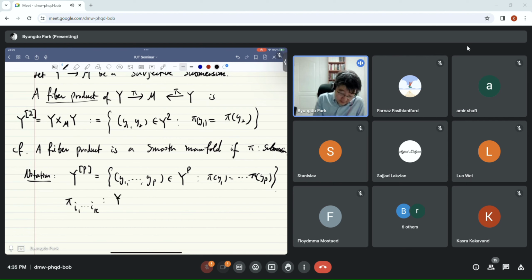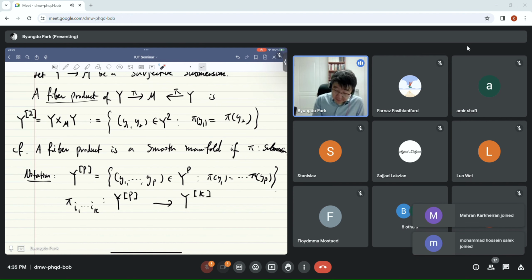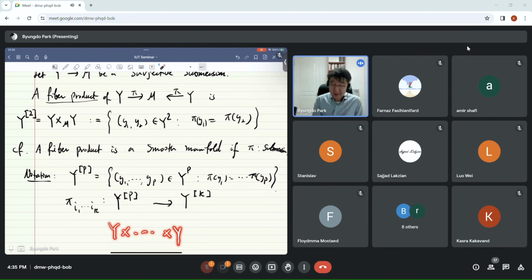It goes from the p-fold fiber product to the k-fold fiber product if p is bigger than k, right? So I have p copies of Y, and I take the i1, ..., ik-th ones, so this means on which copies we project onto.